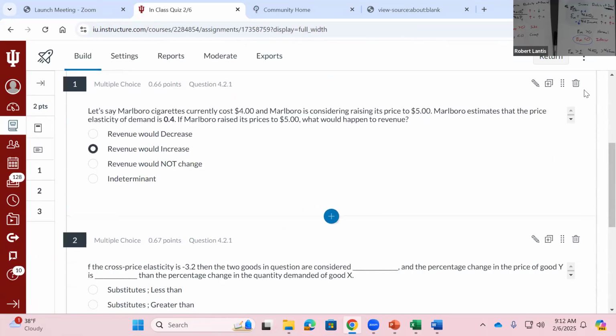If I had this example, I'm looking at cigarettes, and I've got that the price elasticity of demand is 0.4. That tells me that demand is what? Elastic or inelastic? Inelastic. So if I raise the price from $4 to $5, that would move me back up my demand curve.